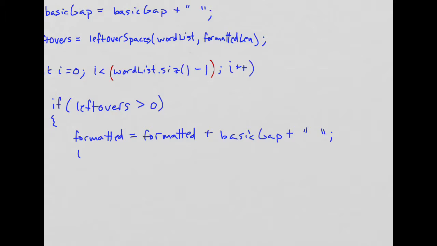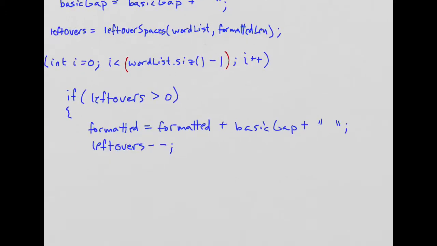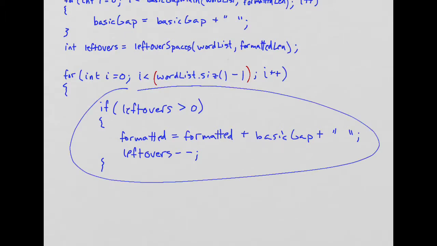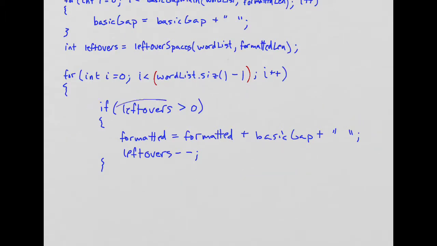But I want to decrement my leftovers, because this if statement is inside a loop. So this if statement will run exactly however many times there are leftover spaces. So if there are 3 leftover spaces, then I'm going to be adding 1 space to the basic gap, and I'm going to be doing that 3 times. So for 3 of the basic gaps. And the rest of the basic gaps, if there are any, will just get basic gaps.